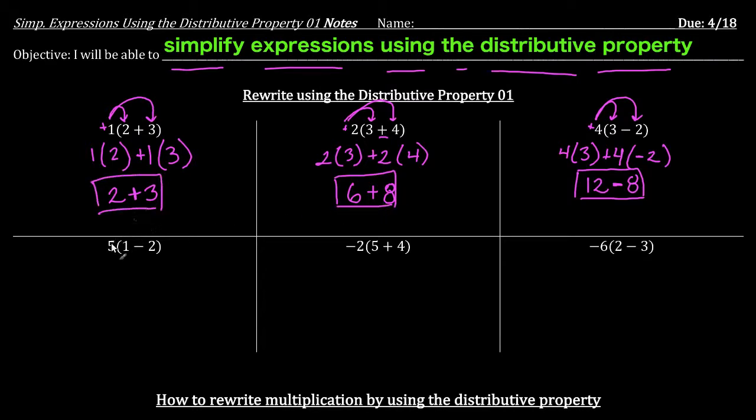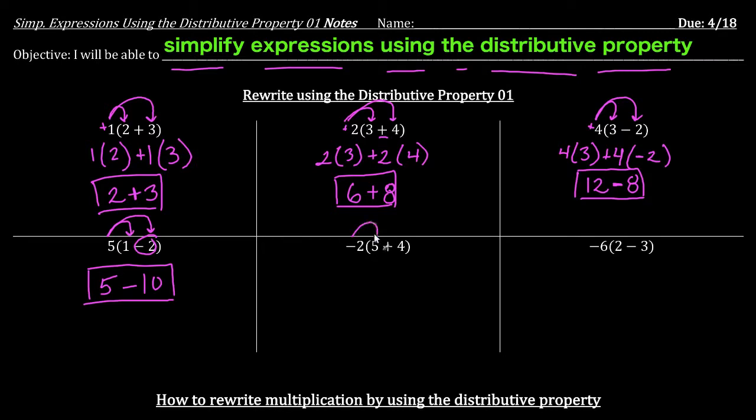Okay, so positive times a positive is a positive. 5 times 1 is 5. A positive times a negative value is a negative, so I'm going to write minus. 5 times 2 is 10. 5 minus 10.